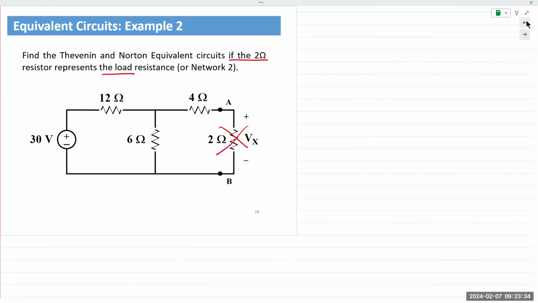The terminals are named A and B. We'll stick with that convention. But again, if it's not given, you can remove that component and your original circuit looks like this.